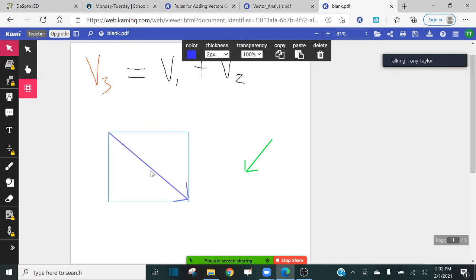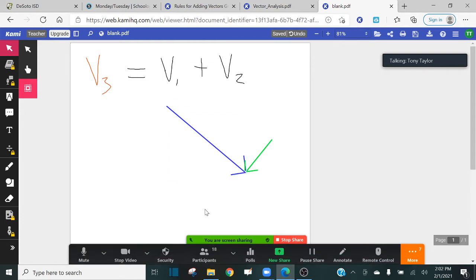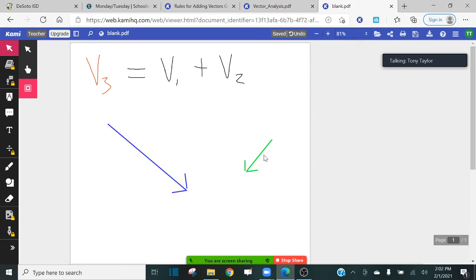Whenever I'm linking my vectors together, can I link them together like this? Is that legal according to the first rule? No, because if you notice, that's head to head, right? So I've seen students do that. You can't do that. That's illegal for the first rule.